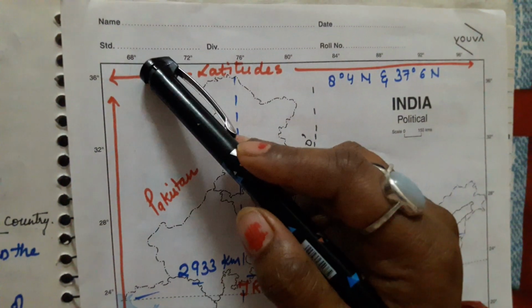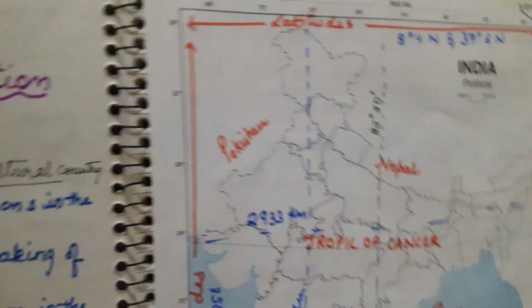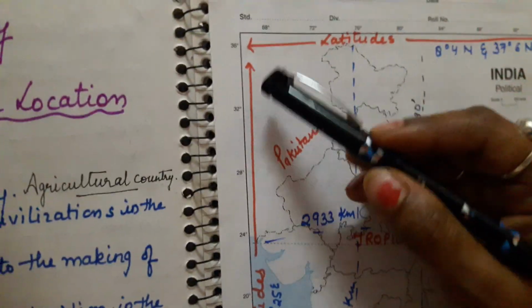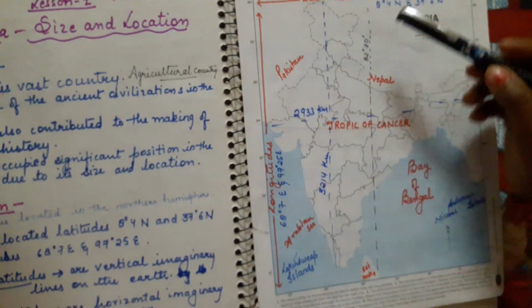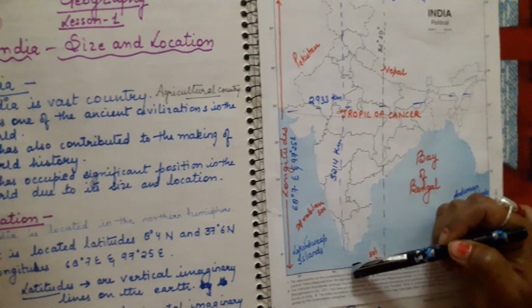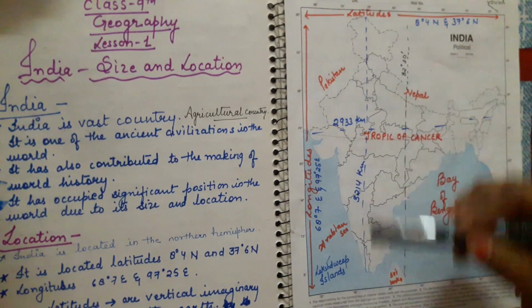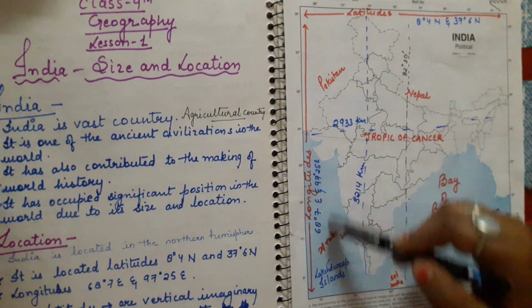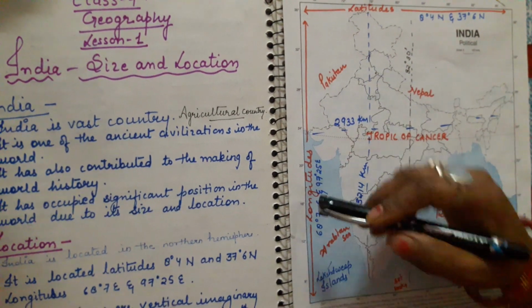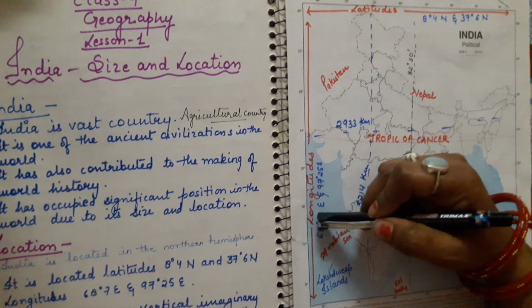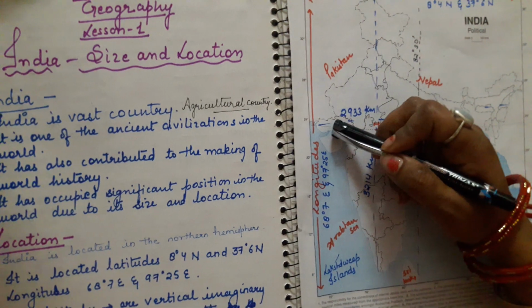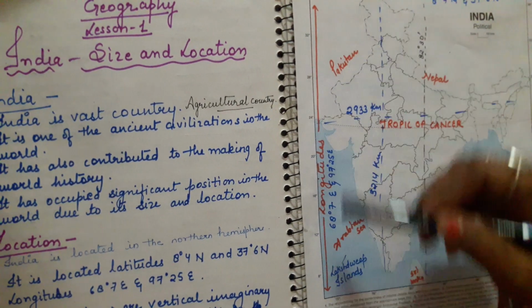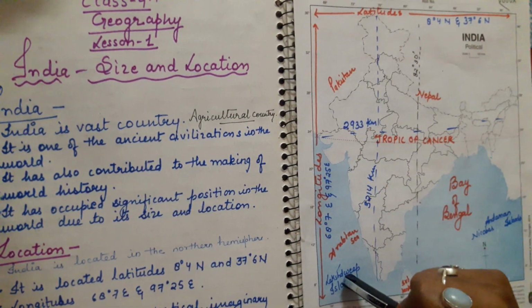Now I am going to tell you about the longitudinal extent of India. See, the line from the northern-most point to the south is the longitudinal extent of India, and its value is 68 degree 7 minutes east and 97 degree 25 minutes east. These are the latitudes and longitudes of India.